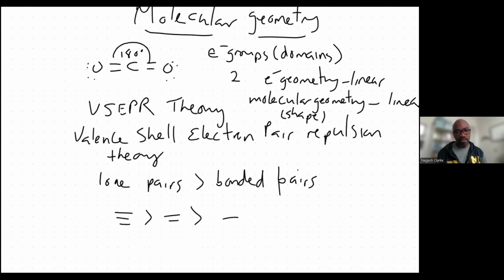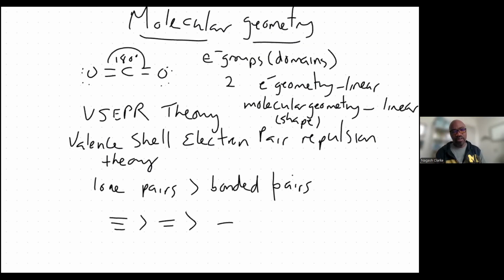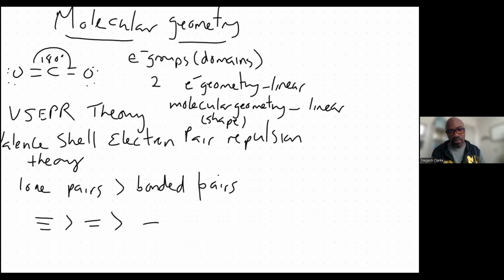And we can take it further and say, okay, since we know the shape, is this a polar molecule? So let's look at electronegativity. The carbon-oxygen bonds: oxygen is 3.5, carbon is 2.5, so my delta EN is 1. So that's a polar bond.